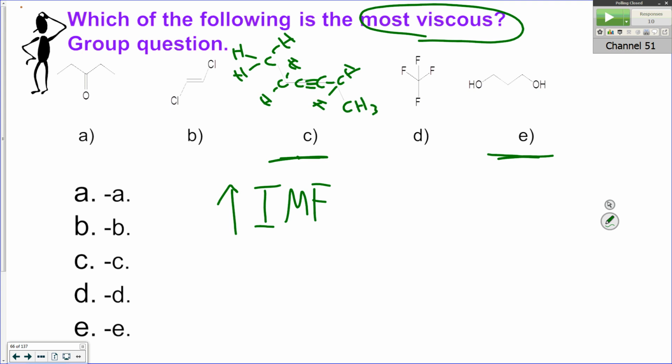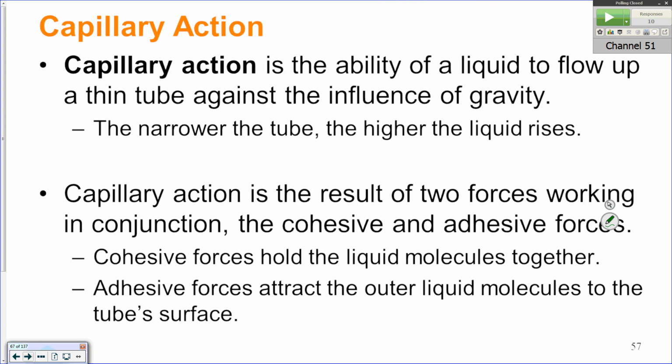That one only has carbon-hydrogen bonds. That's a nonpolar molecule. This one has two OH groups, so these are our H bonds. It's going to be the one that's the highest, and the one that's going to be the most viscous. This compound is actually called glycerol, and it's known for its high viscosity in reagents.